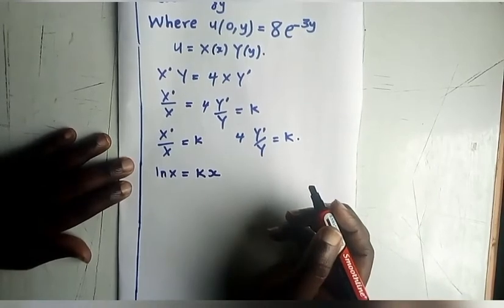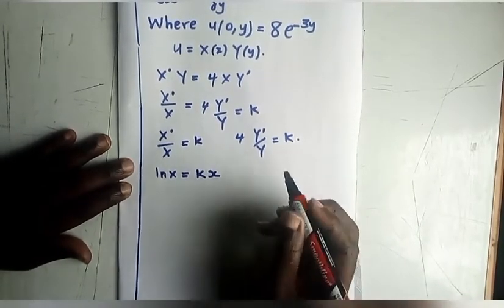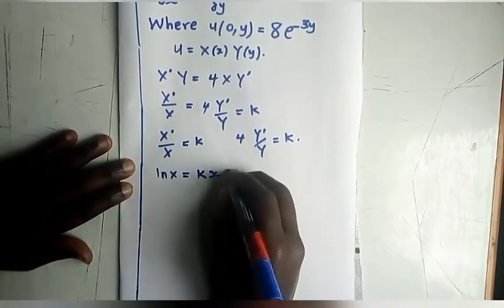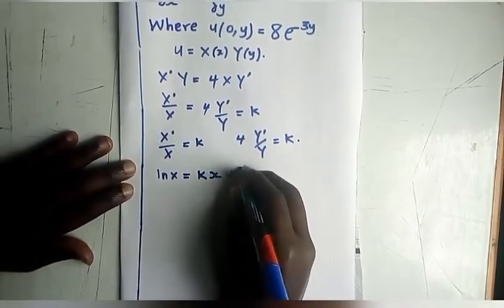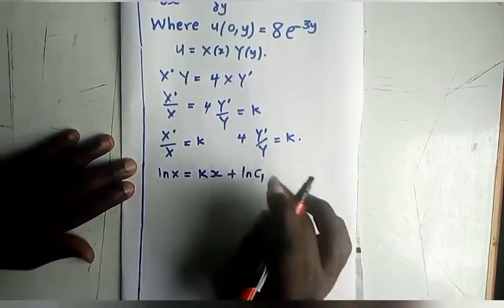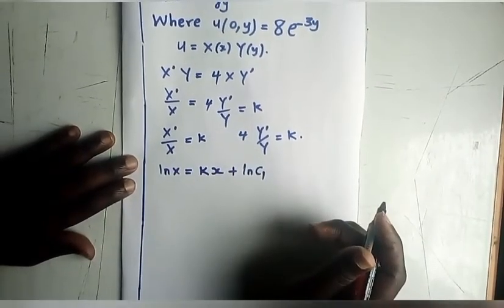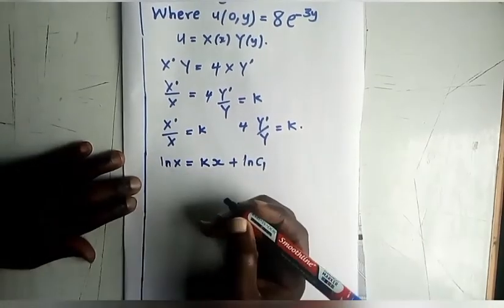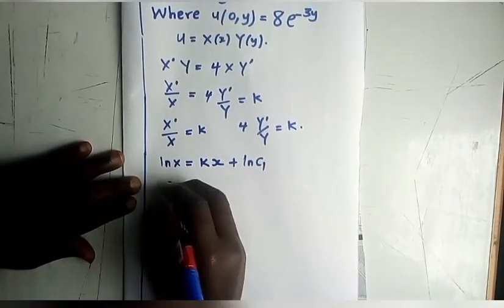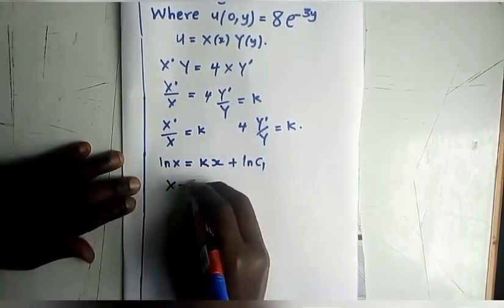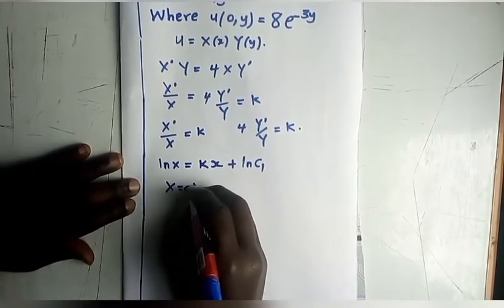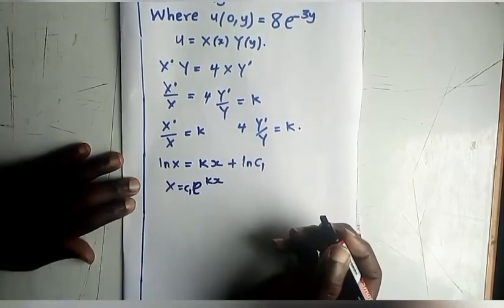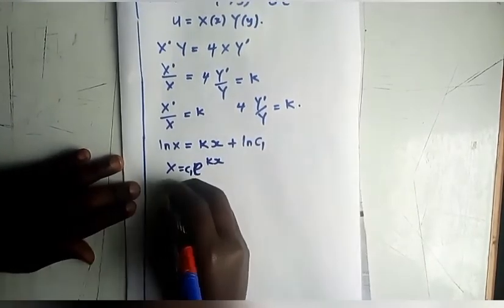When you integrate a constant, you're going to have k with an x, because you're integrating with respect to x, and you're going to have plus another constant c1, okay. And really the solution is going to be X is equal to c1 exponential kx. That is the solution of the first equation, okay.